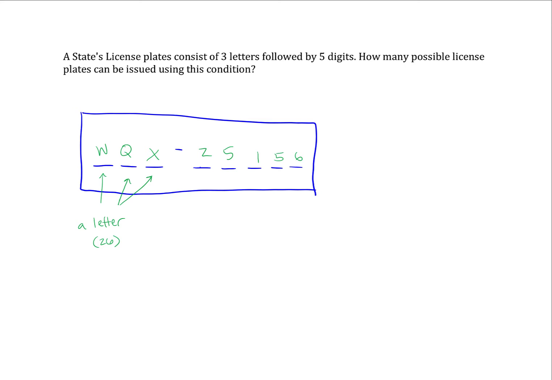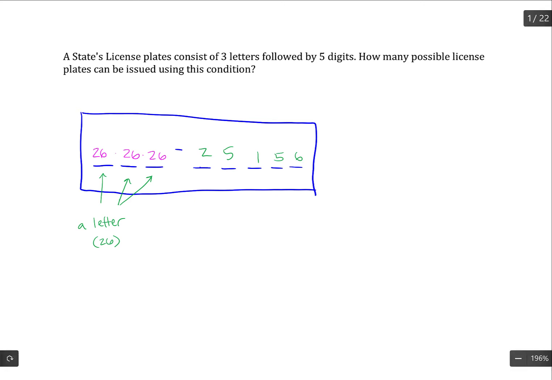So that's a choice out of the 26 possibilities. Same for the Q and same for the X. But effectively, what we have is 26 ways of making the first choice, 26 ways of making the second, 26 ways of making the third. So that's the situation with our letters.